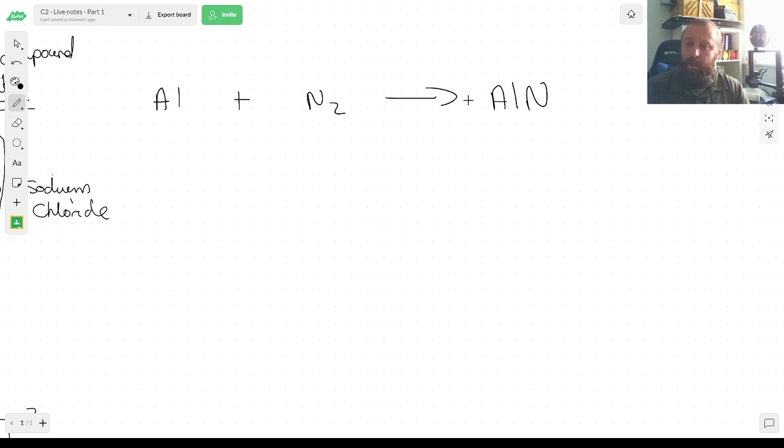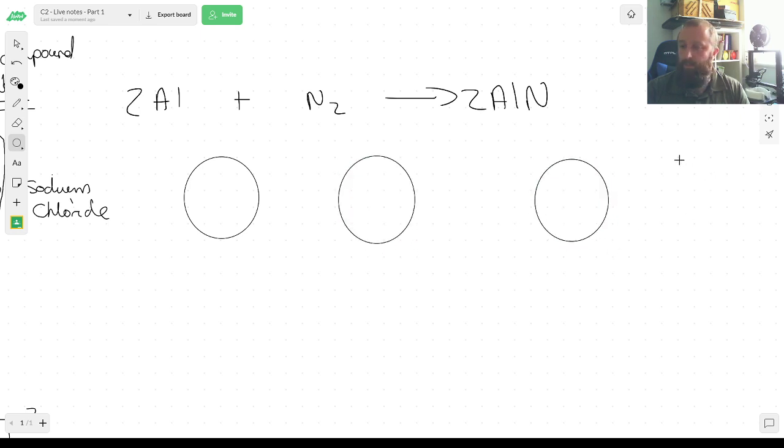Okay. And again, we'll just balance this. So, aluminium, nitrogen.